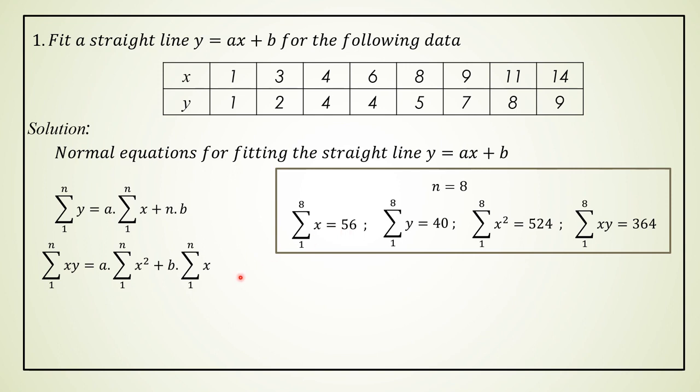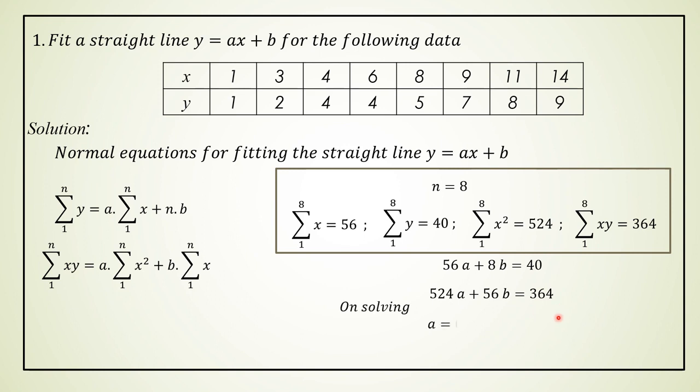Substitute these summation values in these normal equations so that you are going to get simultaneous equations with two unknowns, that is 56a plus 8b is equal to 40, 524a plus 56b is equal to 364.